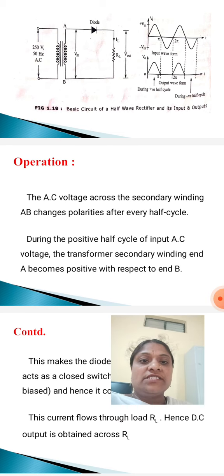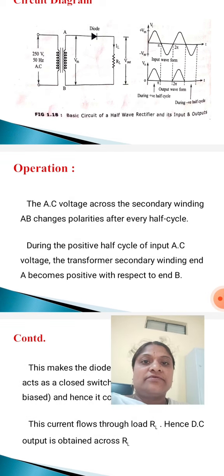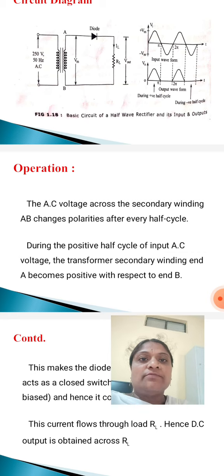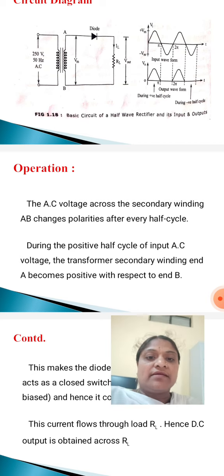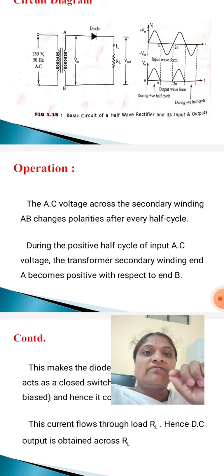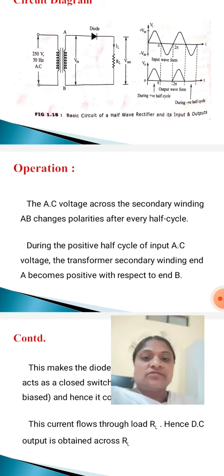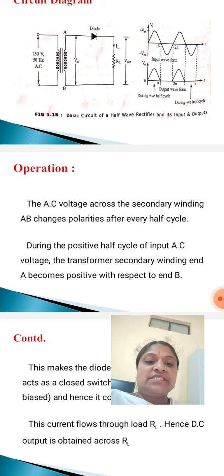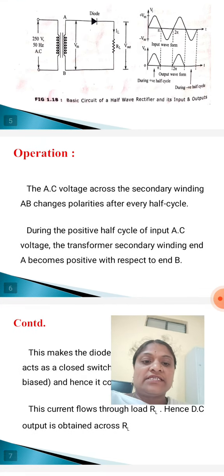Observe the diode: end A is positive and is connected to the anode of the diode, and end B is negative and is connected to the cathode of the diode through the load resistor. Positive is connected to positive and negative to negative, so the diode is forward biased and conducts current in the forward direction.